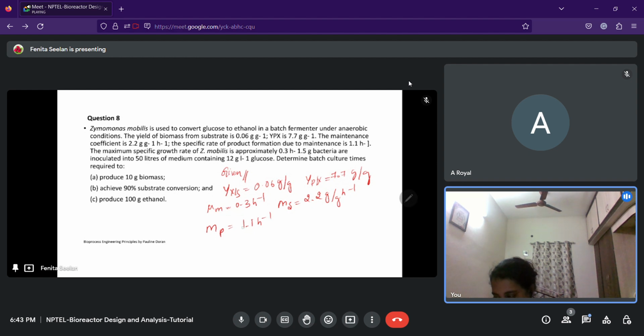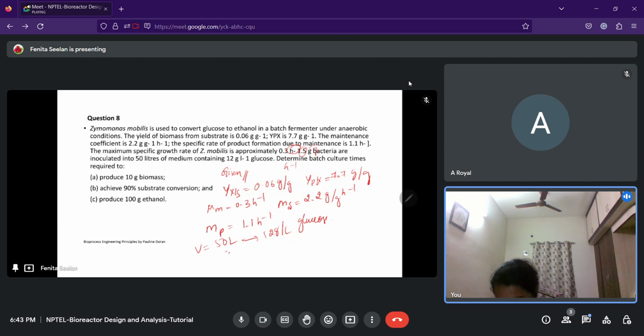What we can calculate from here: it's also given that the volume is 50 liters, and that 50 liter volume contains 12 grams per liter of glucose, and the inoculum is actually 5 grams. This is not per hour, actually.